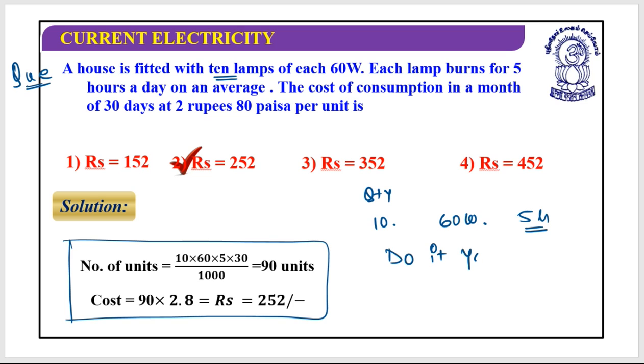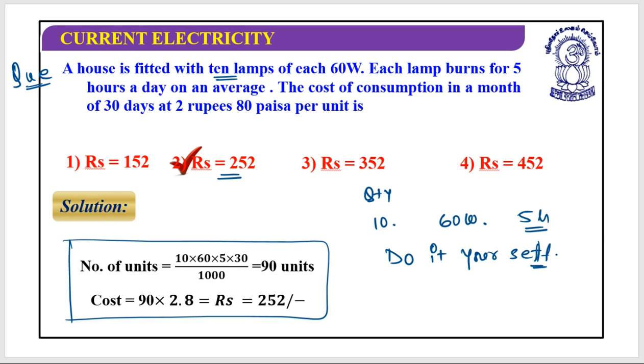If you get stuck anywhere, you can take help from this solution, but I hope you don't require any help. Please do it yourself, this will boost your confidence. Yes, the answer is 252. That has been ticked so that you can match your answer. I hope these things are clear and you are able to solve this kind of questions.